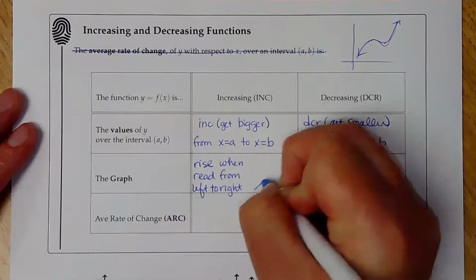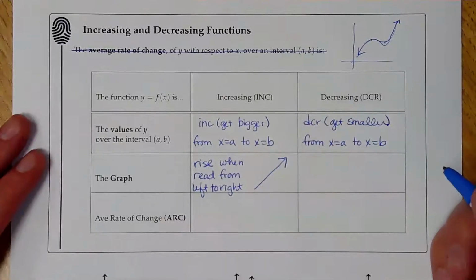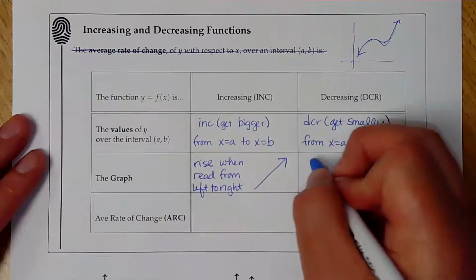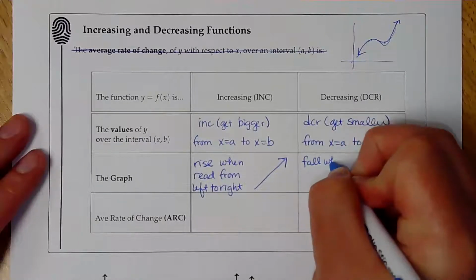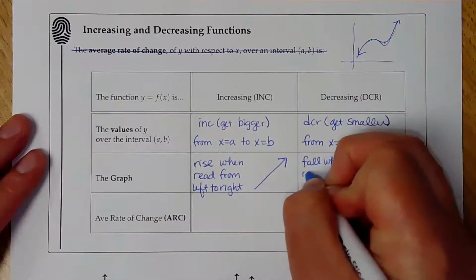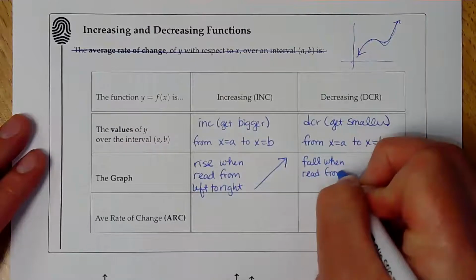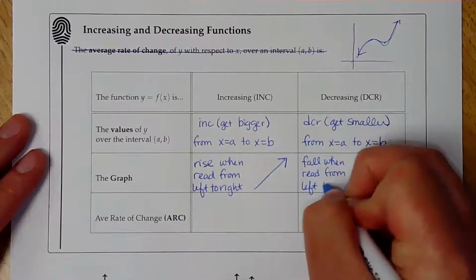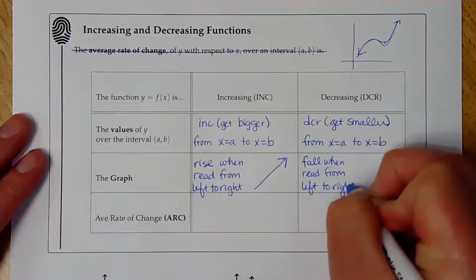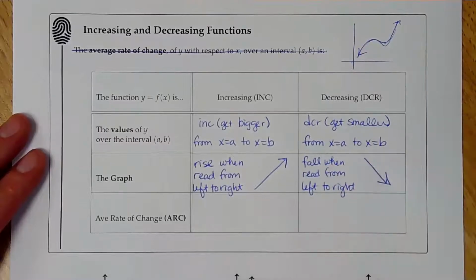Okay, so that's kind of this uphill look. And then it's going to fall when our graph is read from left to right. Okay, so that would look like this.